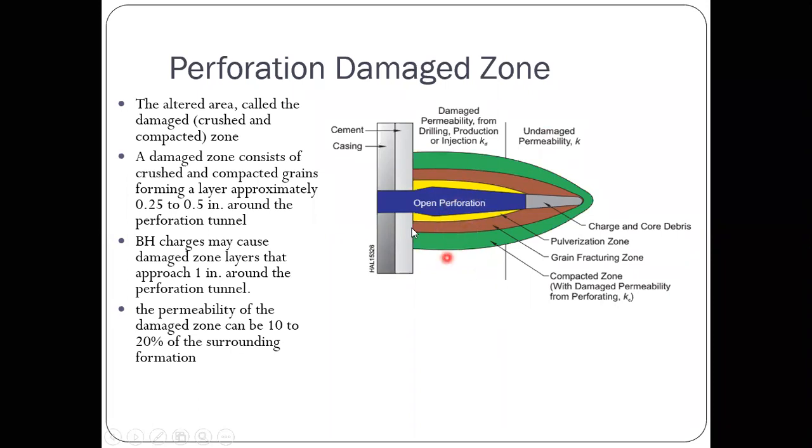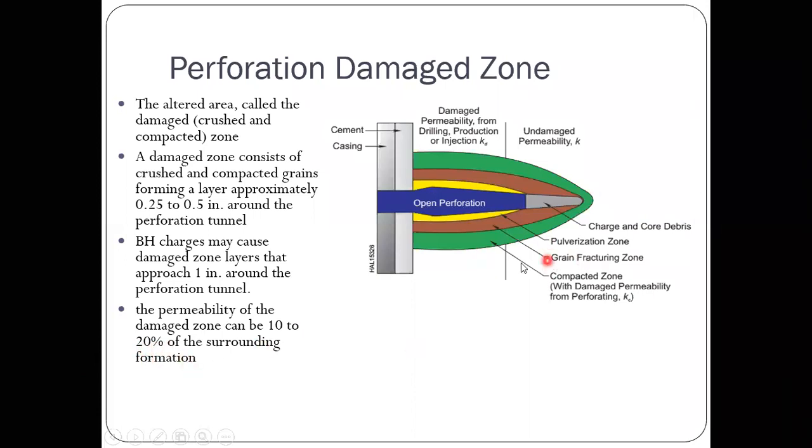So what I was explaining, this is not having uniform thickness throughout the perforation. It means damage is more near the entrance of the perforation as compared to the end of the perforation. And the permeability of this damaged zone can be 10 to 20 percent of the surrounding formation.